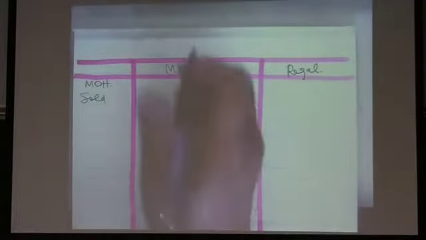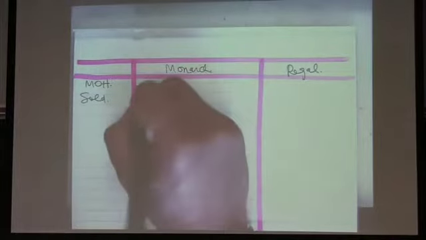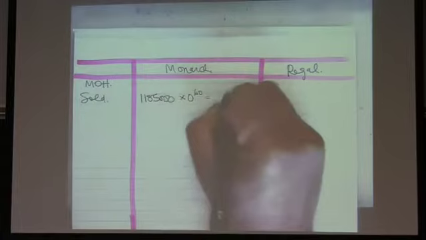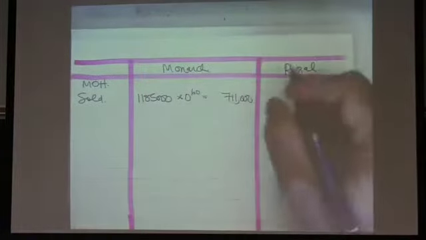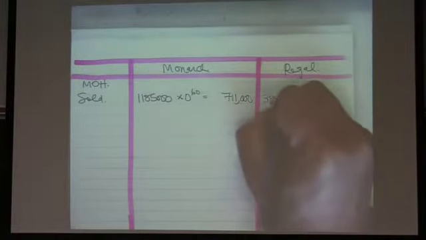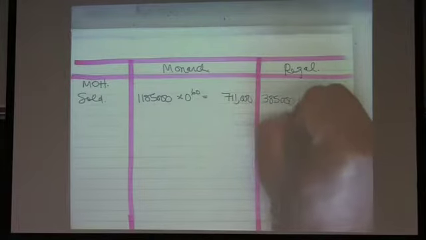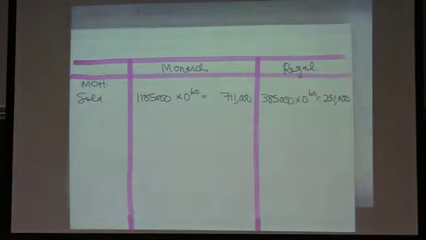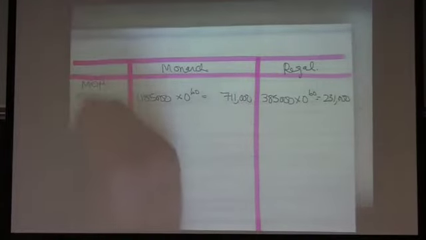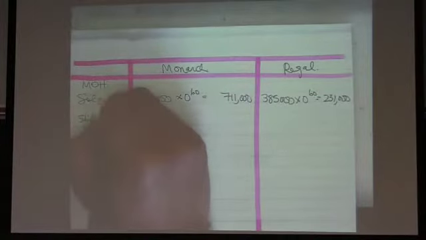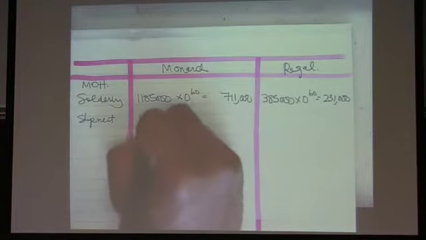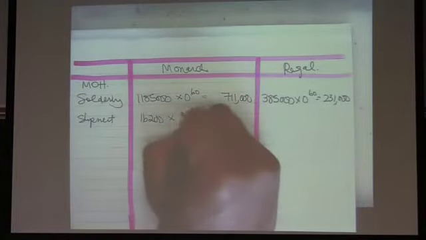That's exactly what we're going to do. Next is shipment. And it's 16,200 shipments times $43.